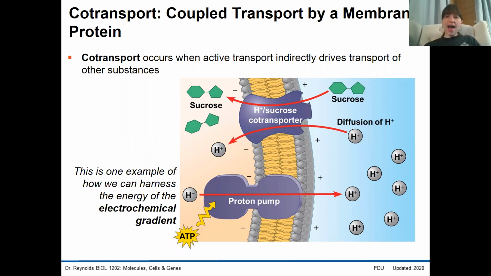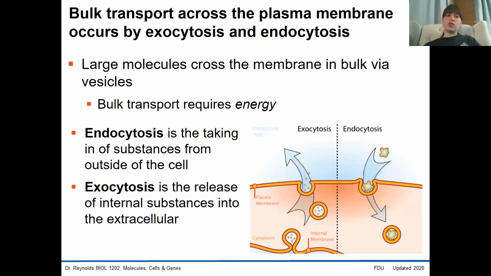This is a form of active transport because you must first provide energy to pump the protons, creating the electrochemical gradient. So you wouldn't have this process if you didn't provide energy to begin with. Energy like this can be used to transport large molecules across the membrane.